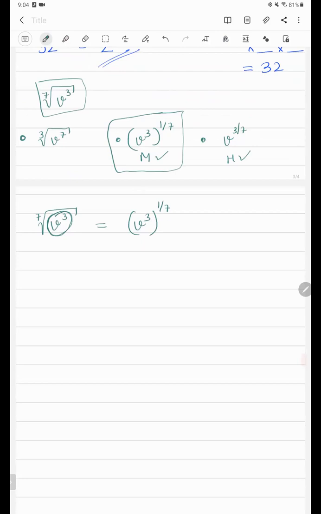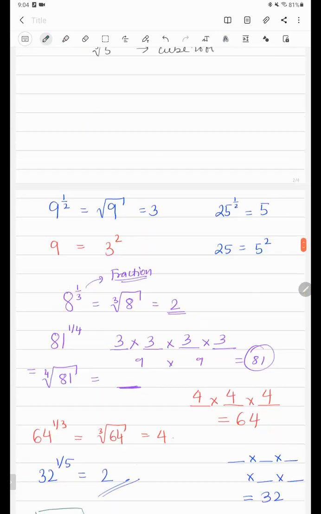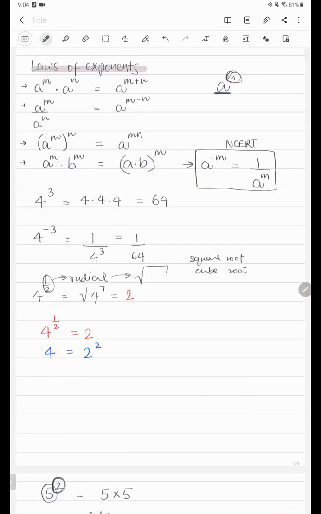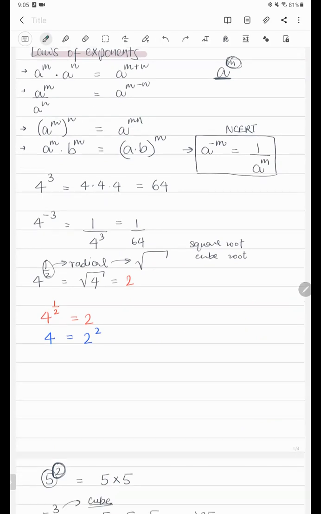But then again, let's go back to the first page and we see this law of exponents. If you have a to the power m and that whole thing to the power of n, then both those exponents get multiplied with each other, right?